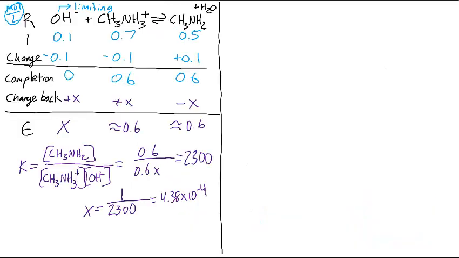I plug in my values, solve for x. X represents what here? Concentration of OH minus. So I can get pOH, the negative log of concentration of OH minus, which would be the negative log of 4.38 times 10 to the negative fourth.